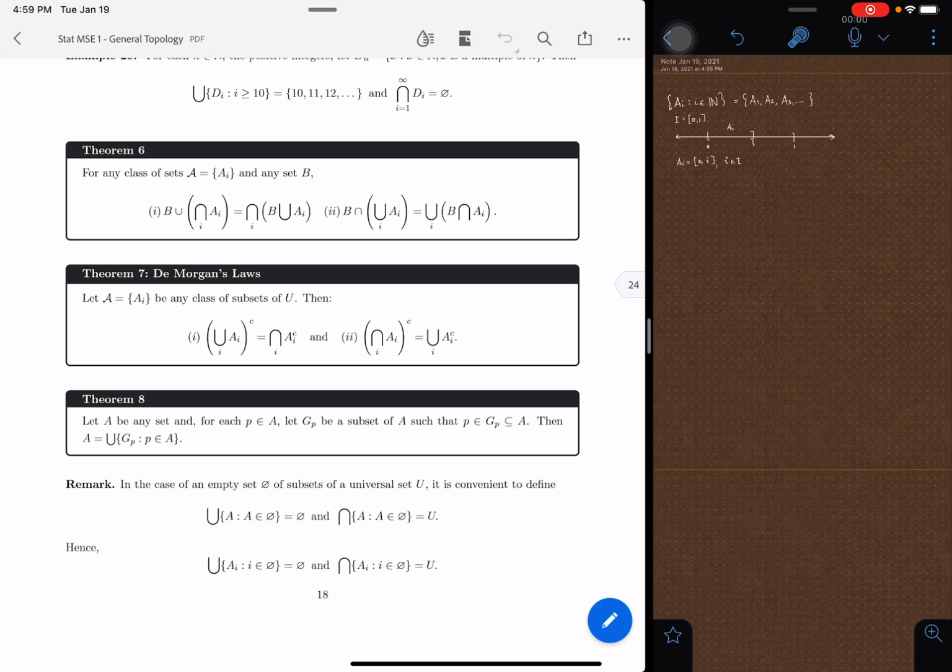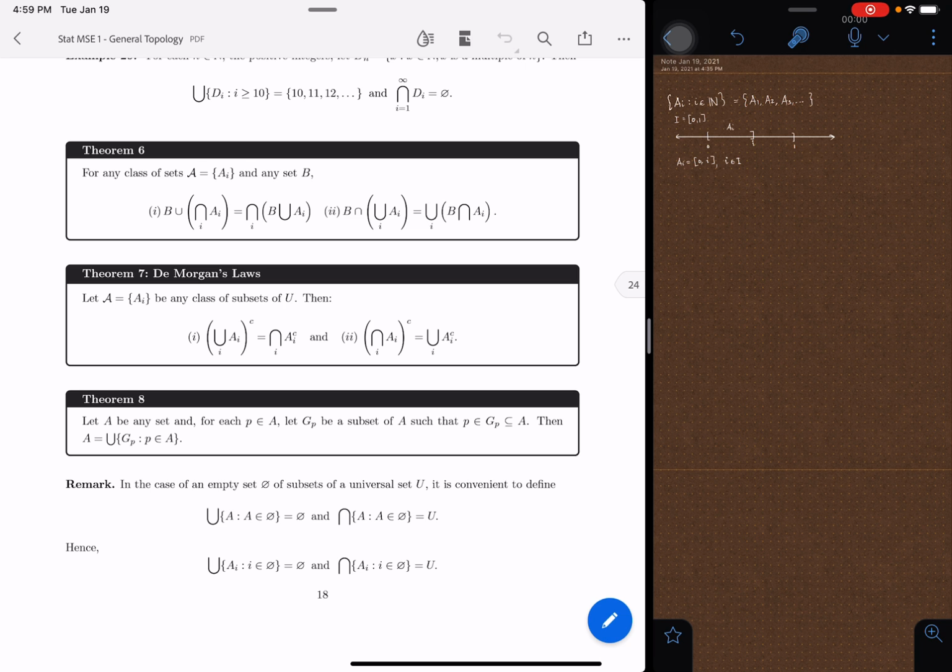By the distributive property, that is just equal to the indexed intersection of B union every A sub i. And for the second case, we have B intersect the generalized union, or the indexed union, of A sub i. That will just be equal to the union for all i of B intersection A sub i.